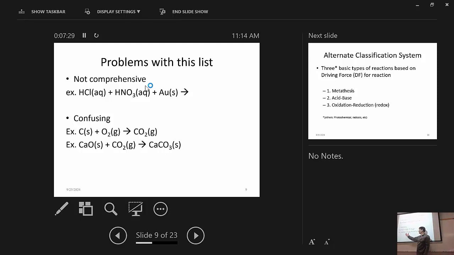This one down here is what we call Lewis acid base because it will have a Lewis acid base driving force. And so what we're going to do is we're going to classify reactions based on that. If we look at aqua regia here, aqua regia is redox for nitric acid, followed by, the hydrochloric acid is not there for an acid. Hydrochloric acid is for metathesis. So aqua regia works by redox first, followed by Lewis acid base.